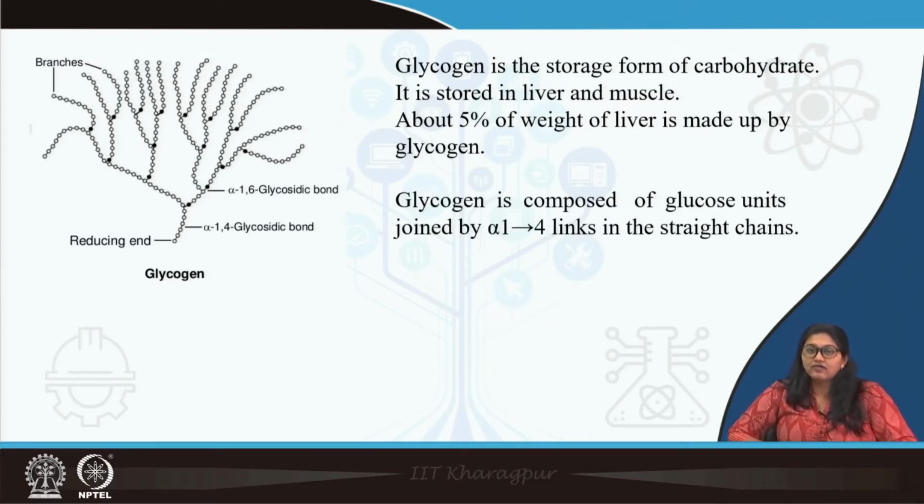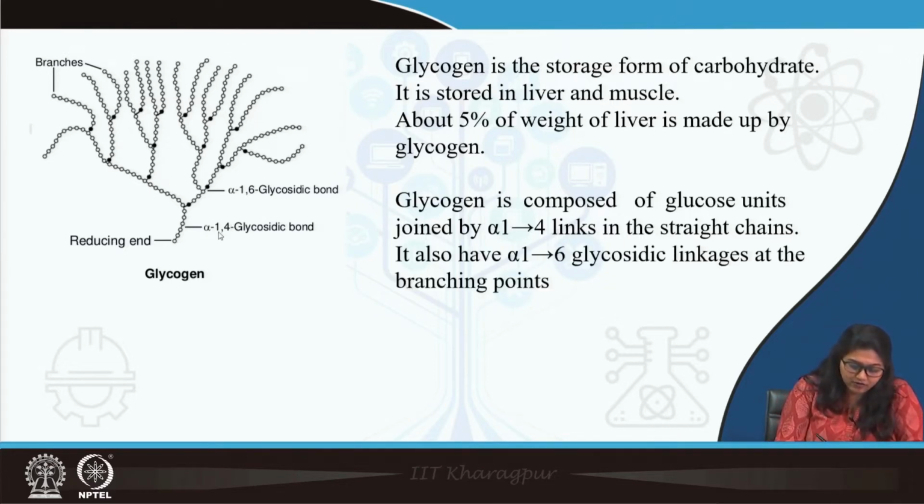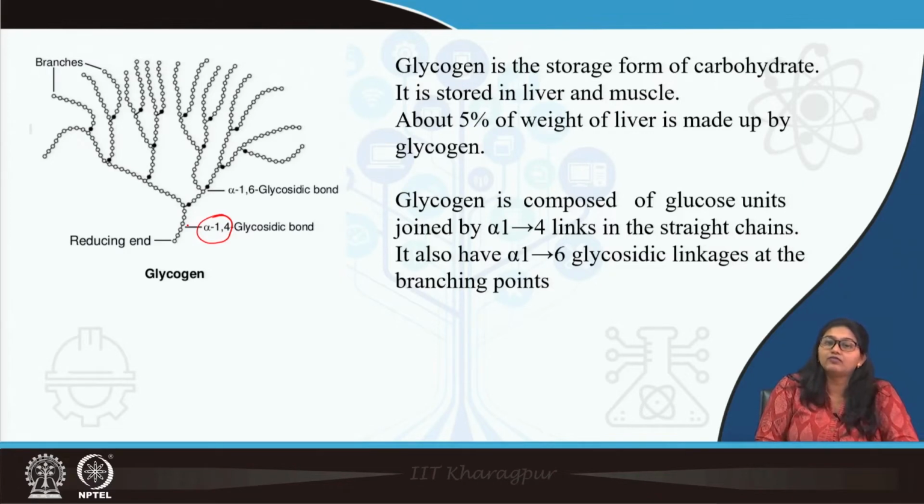In the structure of glycogen, you will see that there is alpha 1,4 glycosidic bond, and also there are a few branch points, and those branch points are formed by alpha 1,6 glycosidic bond.